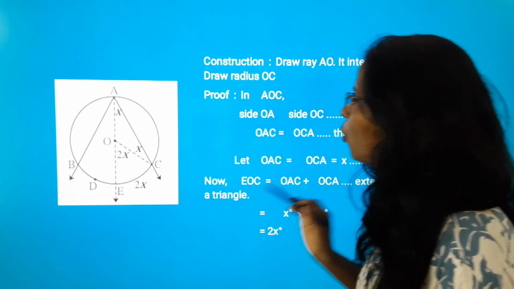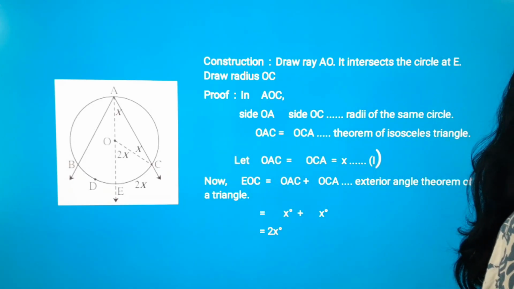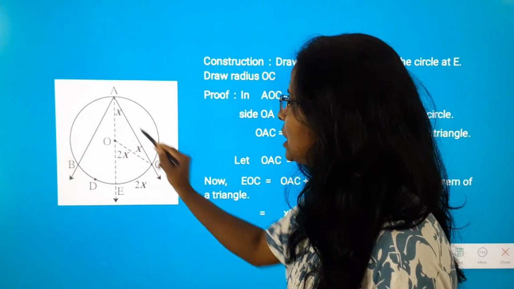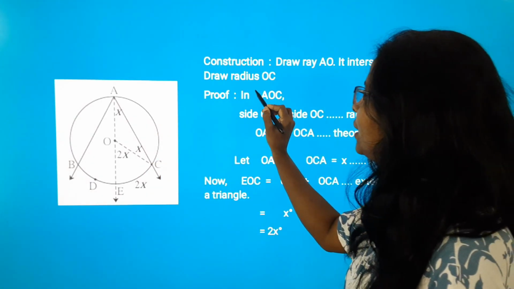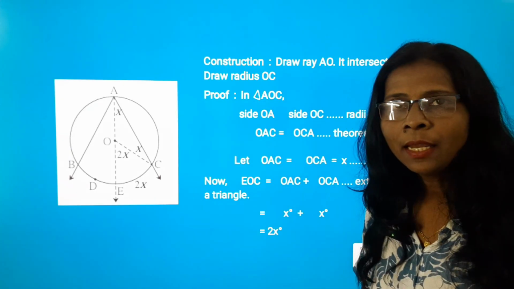Now we have a triangle, and that triangle is AOC. In the proof we can start from the triangle AOC.